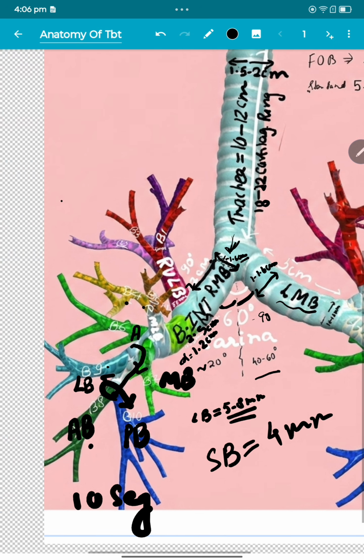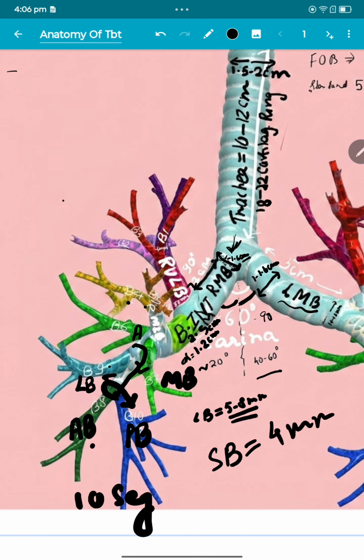So we have seen the trachea, or zero generation, with a diameter of approximately 1.5 centimeters, or 15 mm.